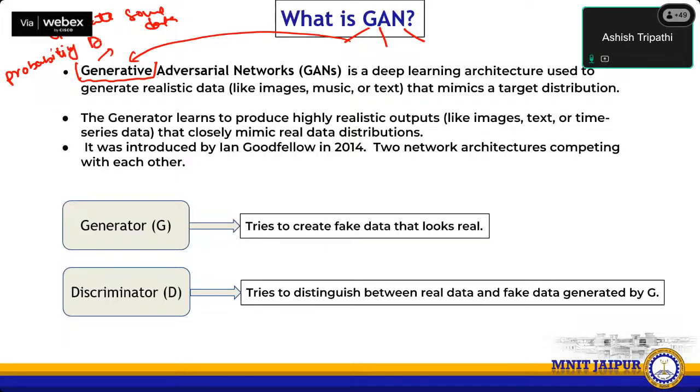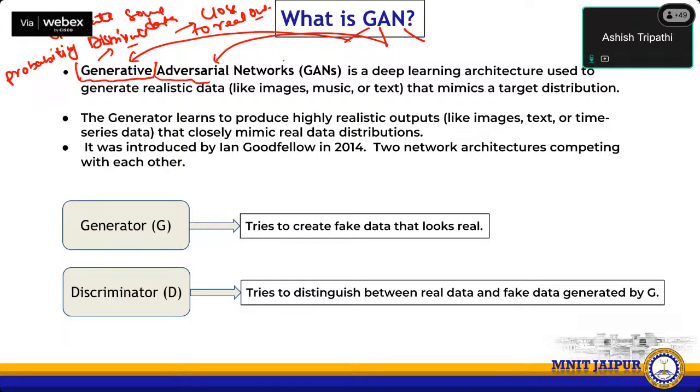If you have mimicked a probability distribution which is close to the real one, then it is quite easy for you to use that probability distribution to generate images which are close to the real ones. What do you mean by A? A means adversarial.